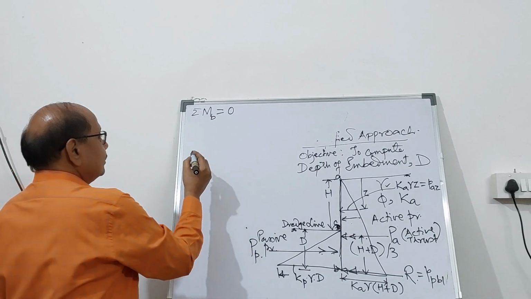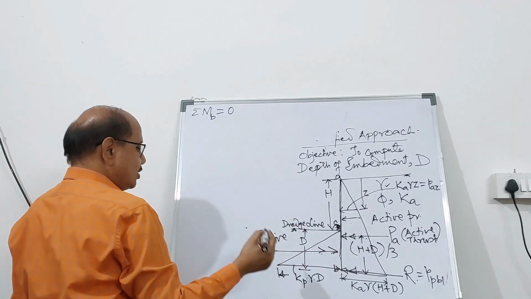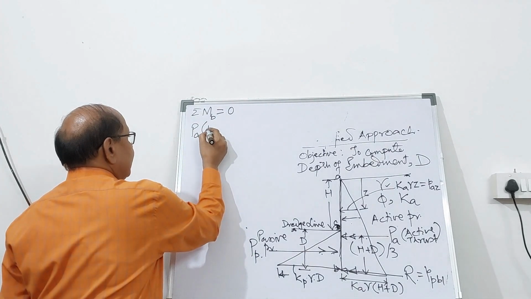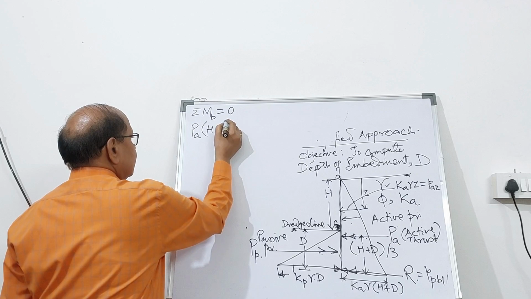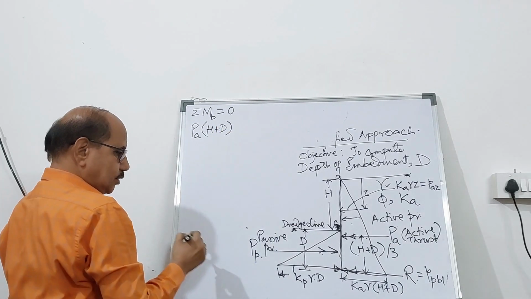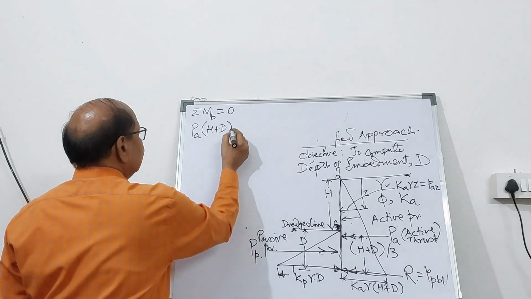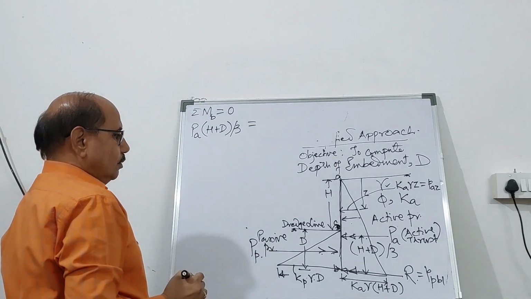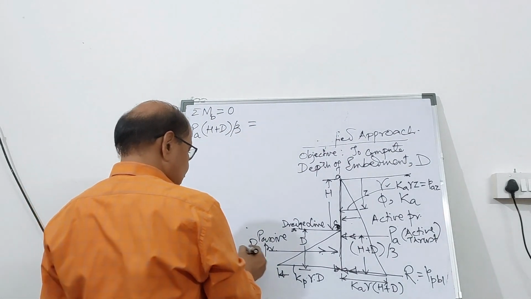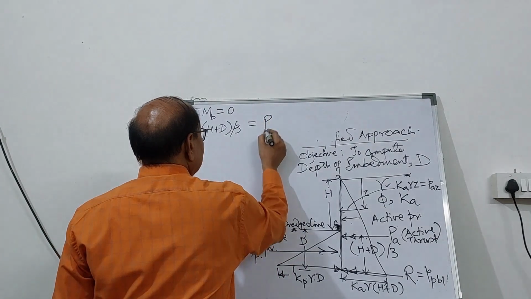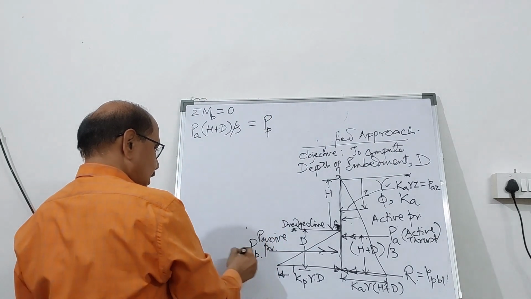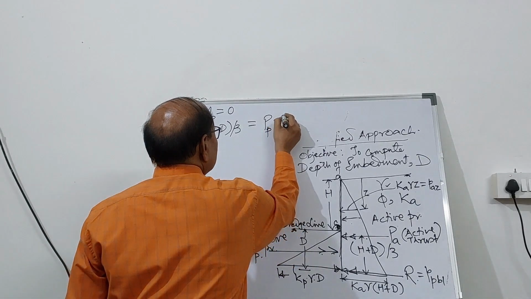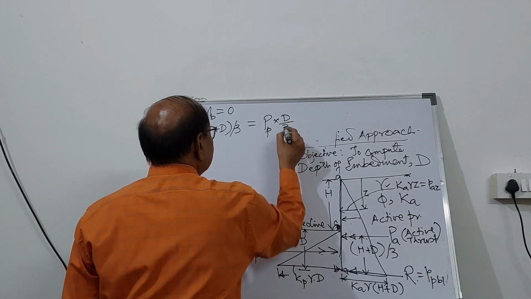You will be getting, due to the thrust PA multiplied by (H plus D) by 3, must be equal to the passive thrust PP into D by 3.